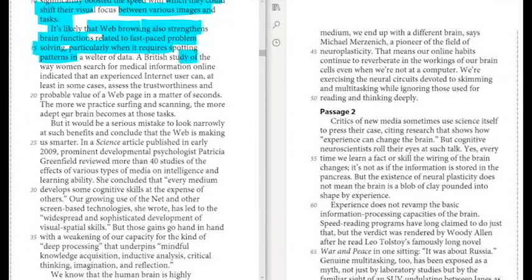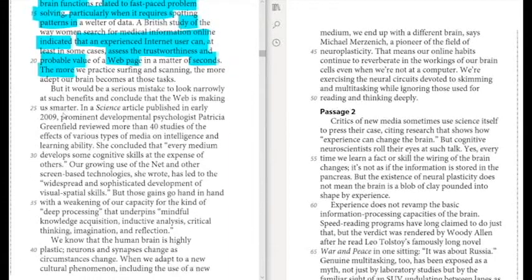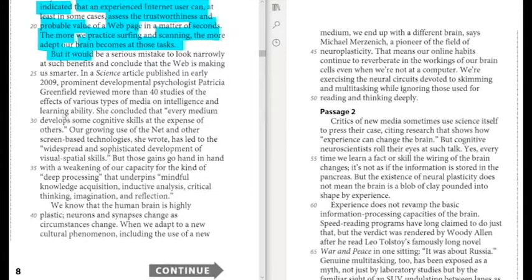A study indicated that an experienced internet user can assess the trustworthiness and probable value of a web page in seconds. The more we practice surfing and scanning, the more adept our brain becomes at those tasks. But it would be a serious mistake to look narrowly at such benefits and conclude that the web is making us smarter.